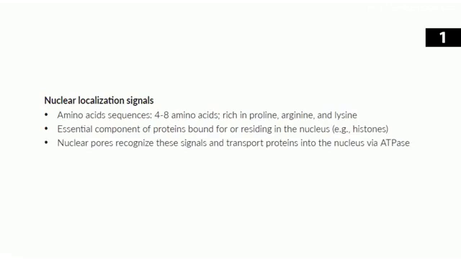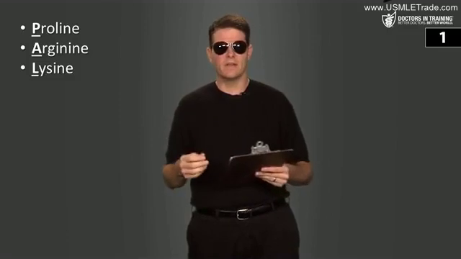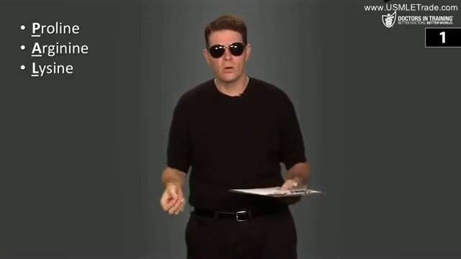So if the nuclear envelope is like a bouncer that regulates who gets into the nucleus, the nuclear localization signals are like a password to get those nucleus-bound proteins past the bouncer. Last year, a student suggested that to get into the club, you have to be pals with the bouncer. And PAL stands for proline, arginine, and lysine, which are the amino acids found in the nuclear localization signal password.